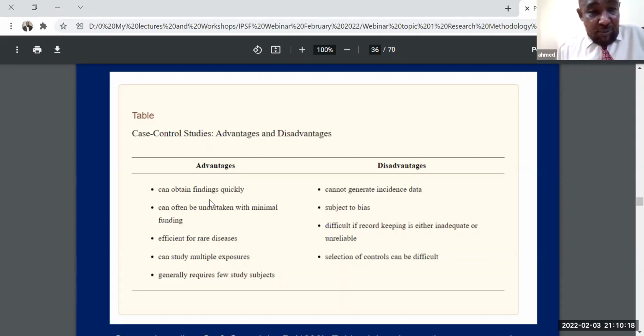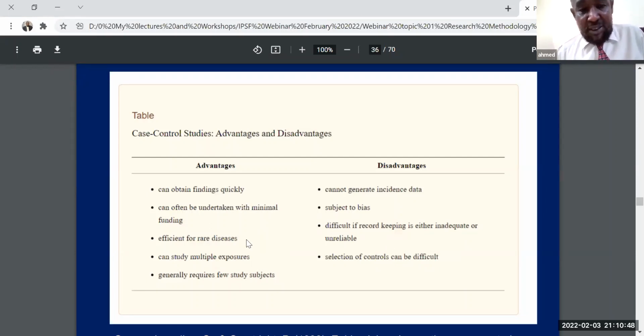So it can obtain findings quickly, and can often be undertaken with minimal funding, because if we are collecting data over a long time, of course we need more funds and more resources to cover the study. It is efficient for rare disease, because if the disease is rare and we are looking into the disease as an outcome of exposure, we cannot use cohort study.